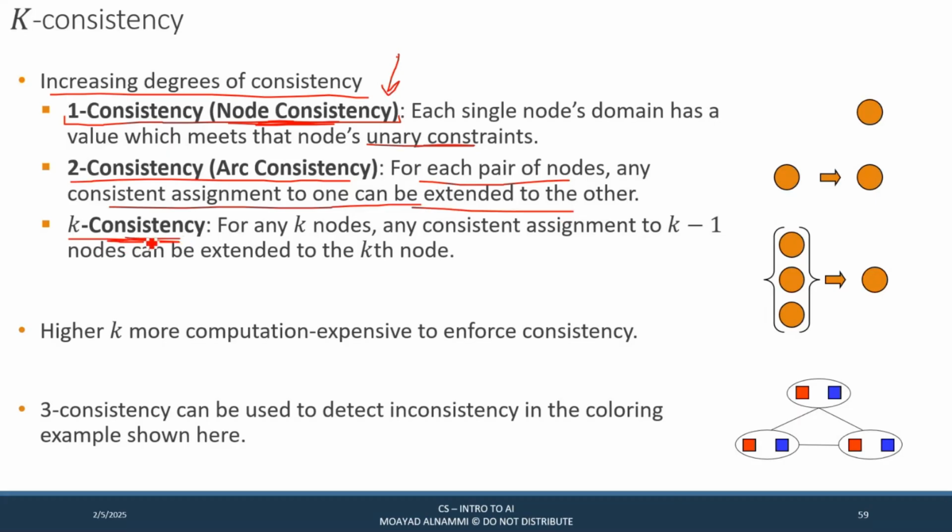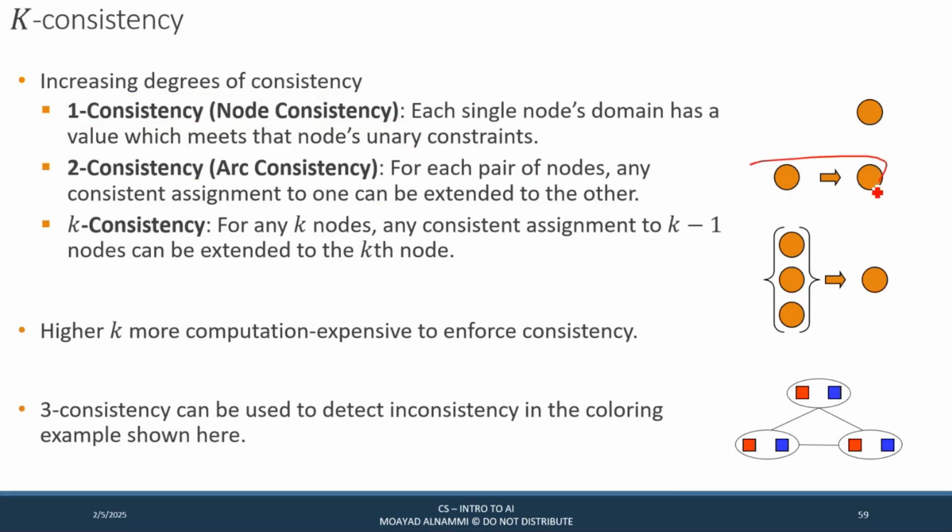And there's something called k consistency. So there's 3 consistency, 4 consistency, all the way up to n consistency, where n is the number of variables. For any k nodes, any consistent assignment to k-1 nodes can be extended to the kth node. So in arc consistency, we're just checking an arc of assignment of one variable versus another.